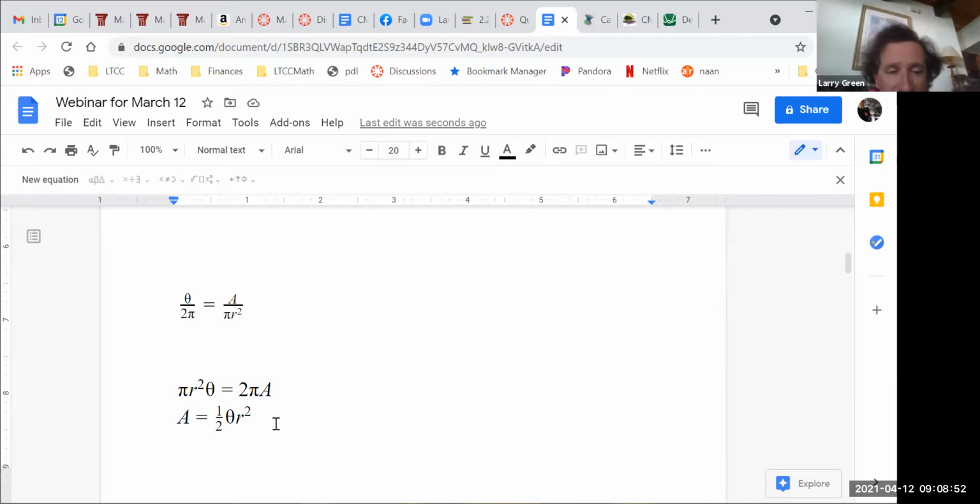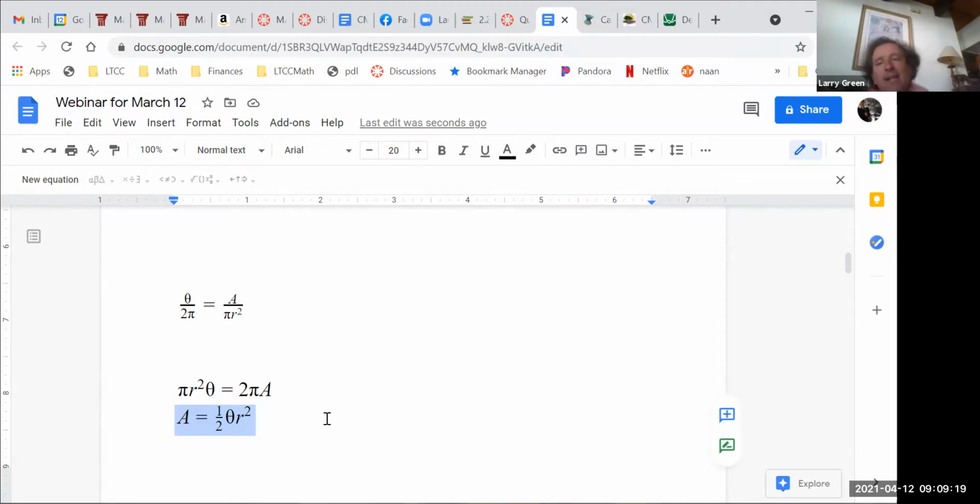Any questions at all on this derivation to find the area of a piece of a circle that has moved theta radians? Because that's going to be the main equation we use to handle area, because we want the area.